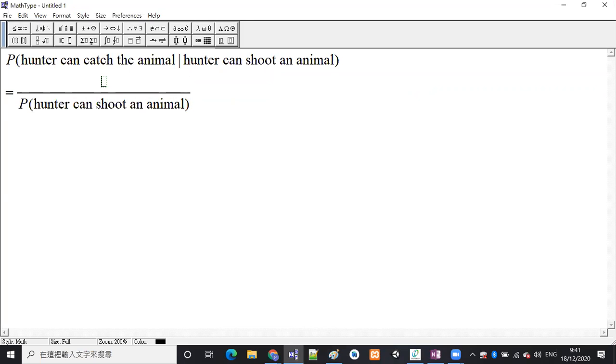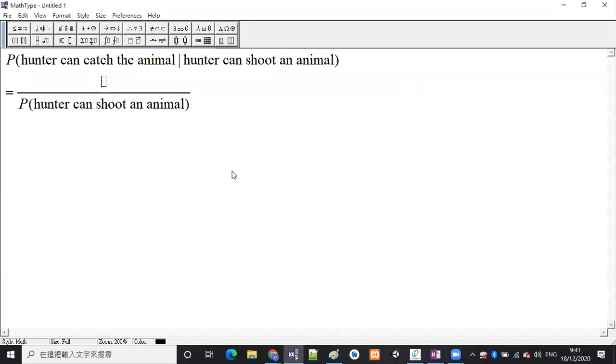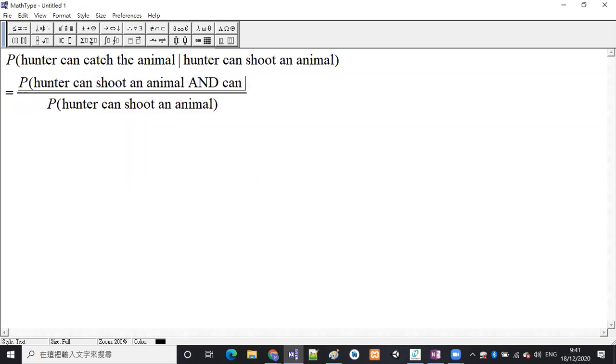And then what is the numerator? The numerator is P(F and E). So we just add them together: the hunter can catch the animal and can shoot an animal. So P(hunter can shoot an animal and can catch the animal).